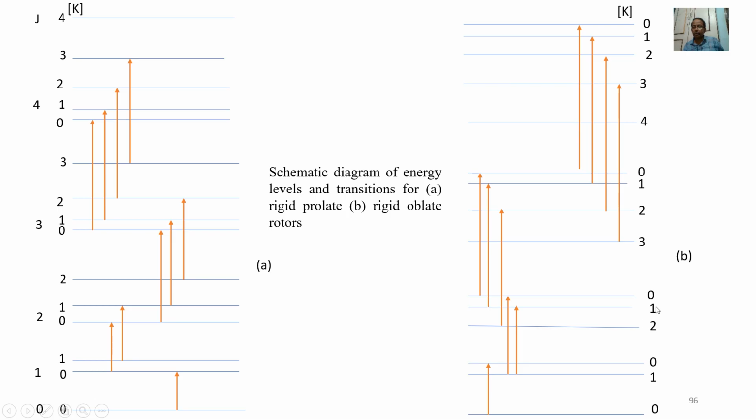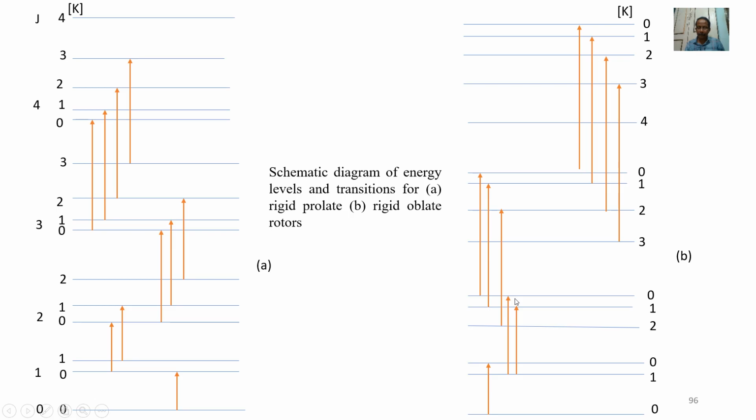What is the transition? Again the same, delta K equals 0, that rule we are going to apply. So it goes from 0 to 0, 1 to 1, again delta K becomes 0. Here it is 0 to 0, we have 1 to 1, and here it is 0 to 0 and 2 to 2.